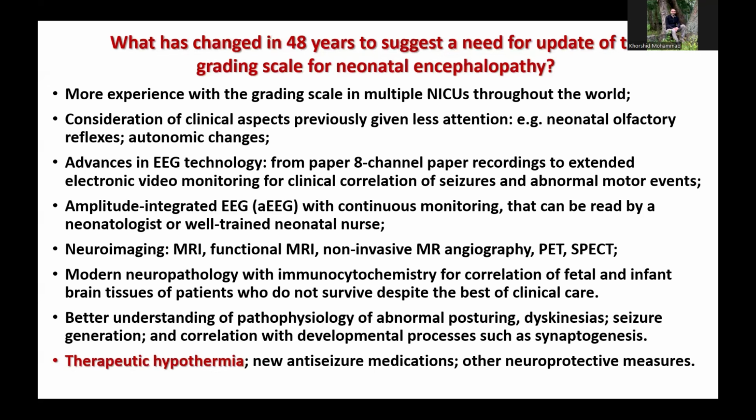Modern neuropathology also has advanced in these years, and now we have a lot of immunocytochemical reactivities that didn't exist in 1976 for studying patients' brains who do not survive despite the best of clinical care, to be able to demonstrate synapse formation, for example, as I just showed you, but many other features of neuronal maturation that are not seen with simple histological stains such as hematoxylin and eosin.